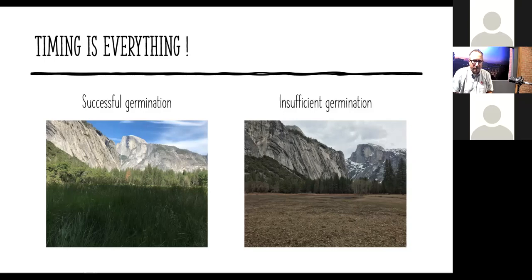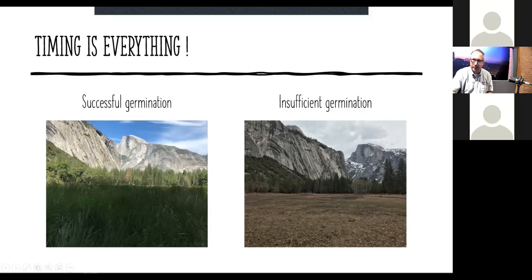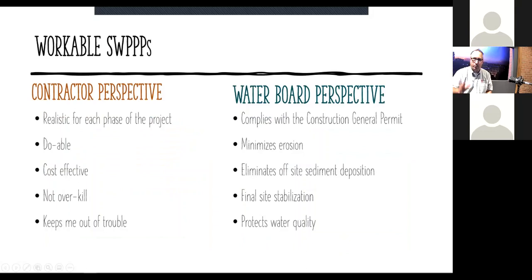So timing is everything. And having an effective SWP, having effective BMPs, from when you start the project all the way to the end, you got to be thinking about the phasing and the timing of the project to make a SWP realistic, doable, workable.